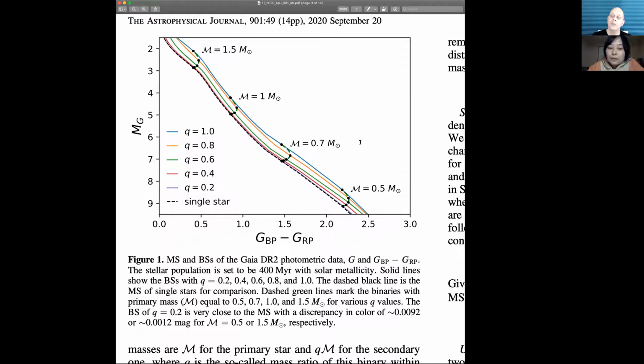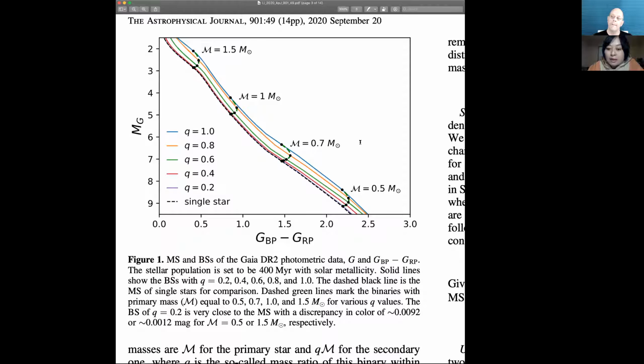A broadly used approach to calculate the binary fraction, especially in globular clusters, is to define an empirical threshold in the color magnitude diagram to separate single and binary stars. They arbitrarily define a threshold like Q equal 0.6, divide the CMD into 2 regions, and count the stars in both the single star region and the binary star region.